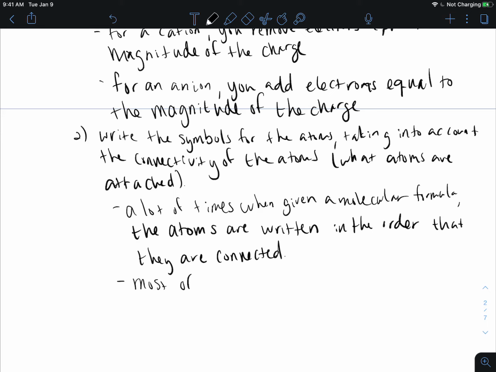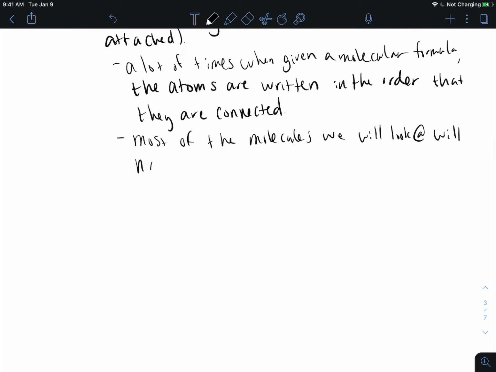So most of the molecules we will look at will have one central atom, where every other atom is connected to that central atom.